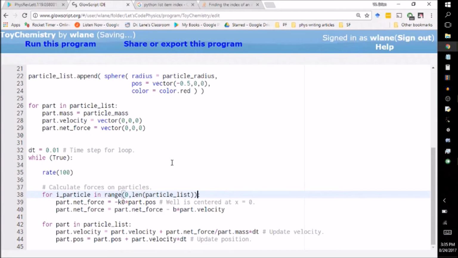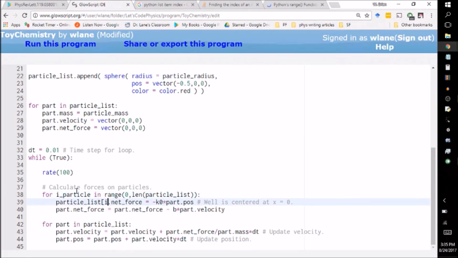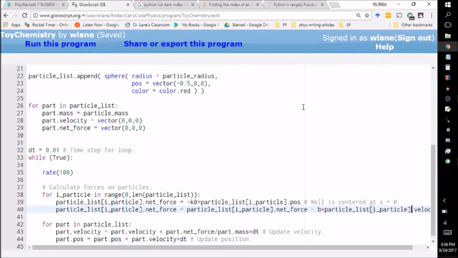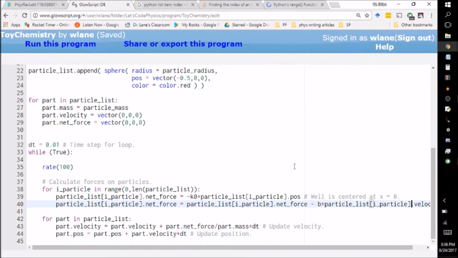I think that's how you do that. So let's say particle_list[I_particle]. See, this is why I didn't want to do this, it makes it so much longer, but it's what we have to do. So plug that in there, paste that in here, paste that in here. I haven't gotten any complaints yet from VPython about going beyond this line, but we'll see what happens.